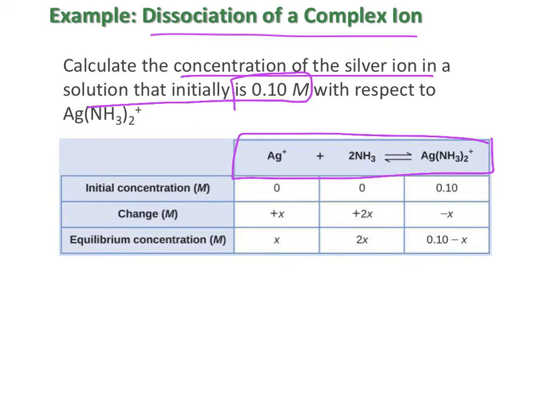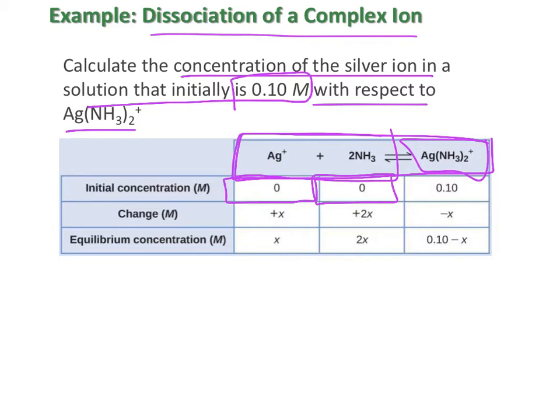And then we know that what you have in solution is silver, and then you're adding in ammonia. So think of that earlier picture with the little droplets of ammonia being added in, and forming that complex ion that was soluble. So that's what's going on here. So initially you don't have any silver and you don't have any ammonia, because what we're given is the concentration of the complex ion.